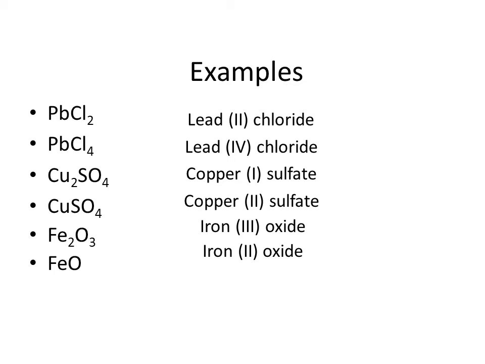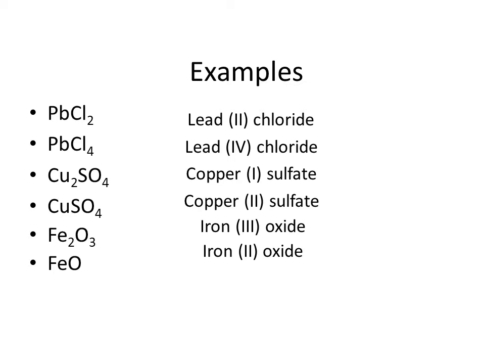So that means that lead must have a +2 charge. To name this compound, we therefore write lead(II) and then follow it with chloride. Because chlorine has a -1 charge and there's 4 of them, the lead must have a +4 charge. So to name this compound, we write lead(IV) chloride.